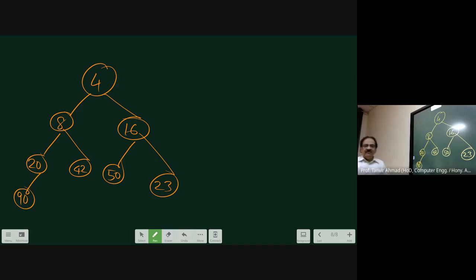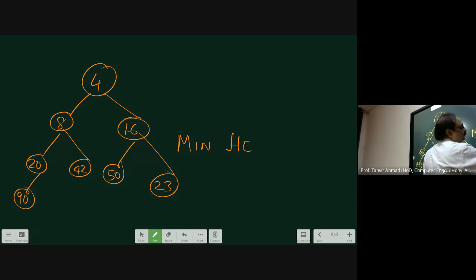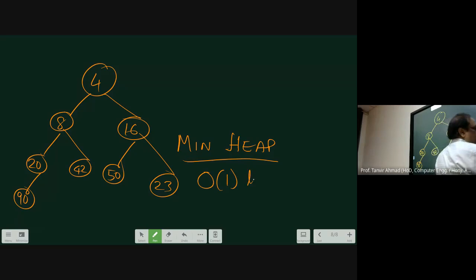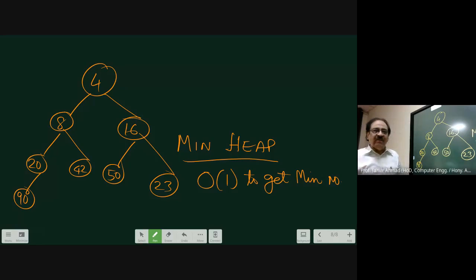This is what we call the min heap. The minimum number is at the top. How much time do you take to find the minimum number? Order of 1 to get the minimum.